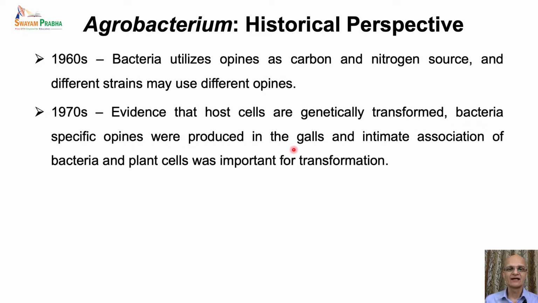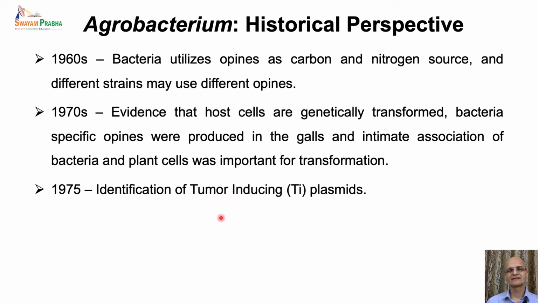That means, depending upon the type of the Agrobacterium strain that was causing the disease, different types of opines were synthesized or reported from the tumors. However, the same bacterial strain always produced the same type of opines. And finally, intimate association of the bacteria and the plant cells was important for the transformation.